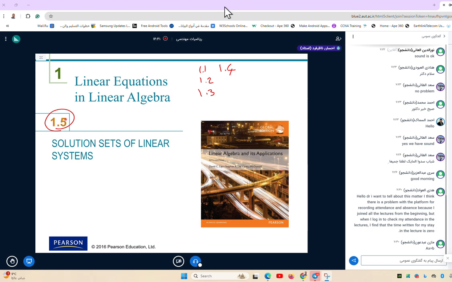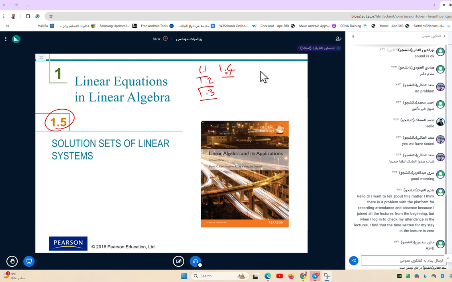This is what you are supposed to be ready for the exam. You need to go through all of the subsections of section 1, and for the exam it would be fine if you are ready to solve questions from this one. At the end of each subsection there are a number of exercises in the book, and you need to try to solve them yourself.